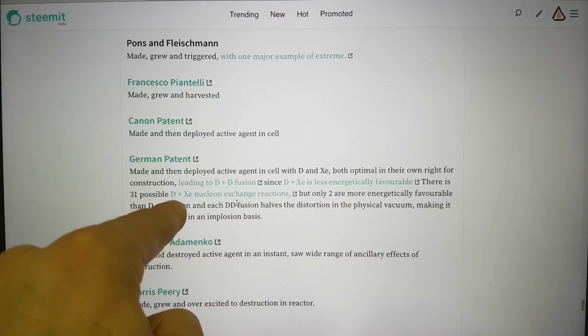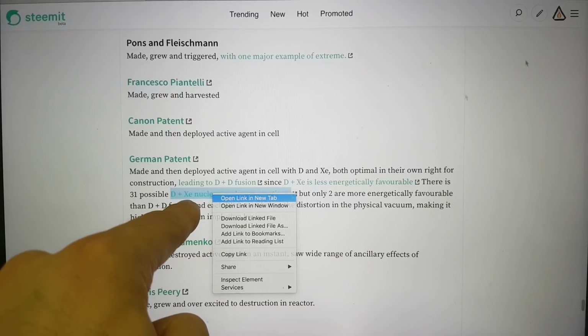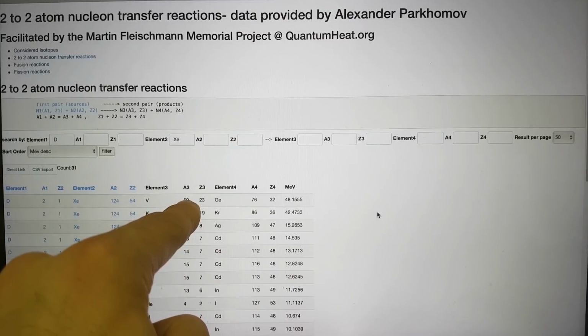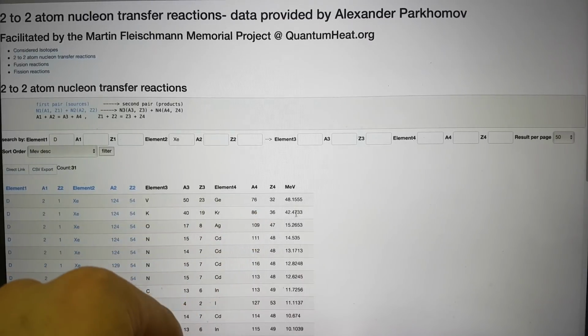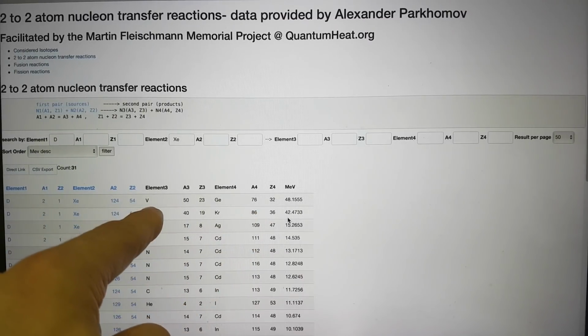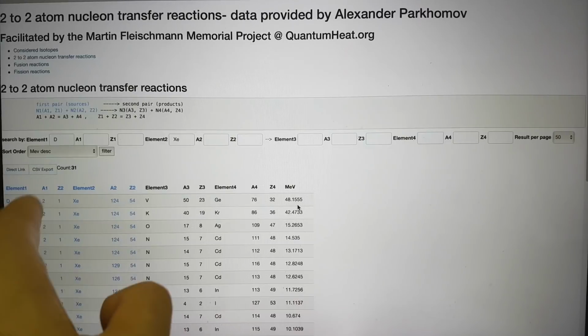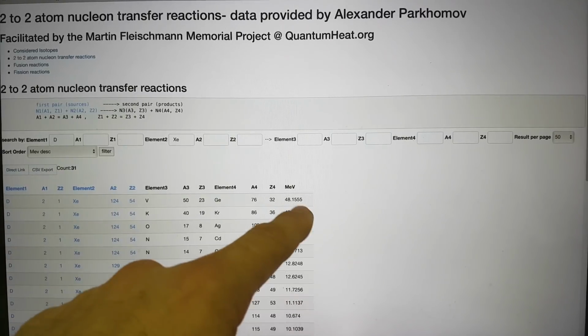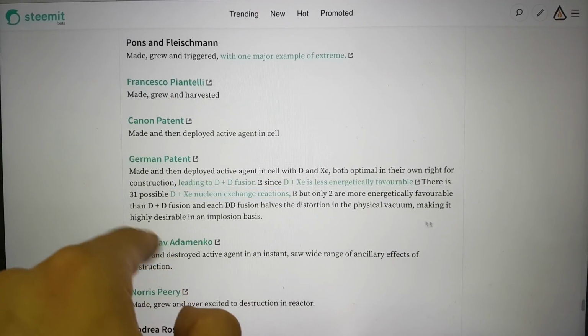There are 31 possible deuterium plus xenon nuclear exchange reactions. Let's have a look at those. There is a possibility here for reactions, I think two of them, producing vanadium and germanium, and potassium and krypton. These are potential outcomes that have a higher favorability in a nucleon exchange reaction.